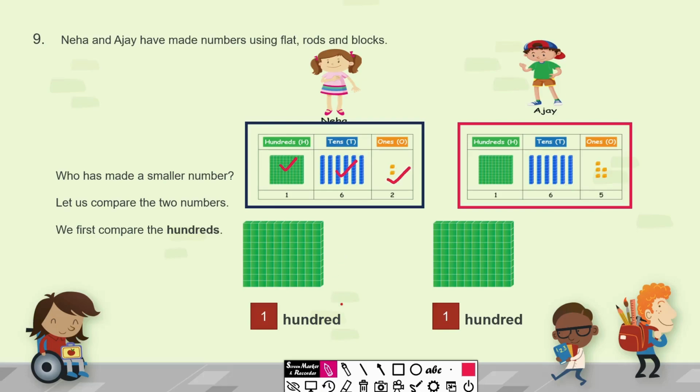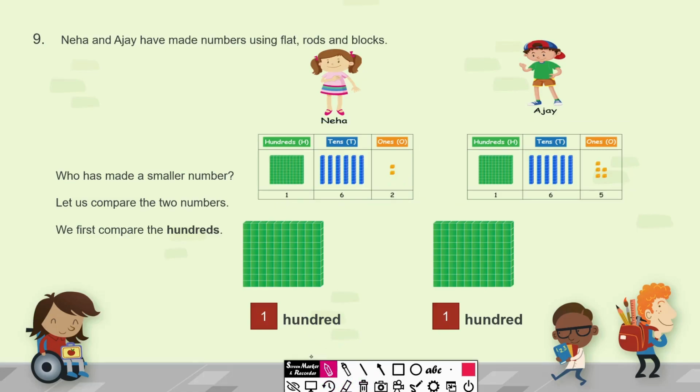The number which has more hundreds will be the greater number, or the number which has more tens will be the greater number, or the number which has greater number of ones will be the greater number, right? Now let's compare the numbers. Let us compare the hundreds first.